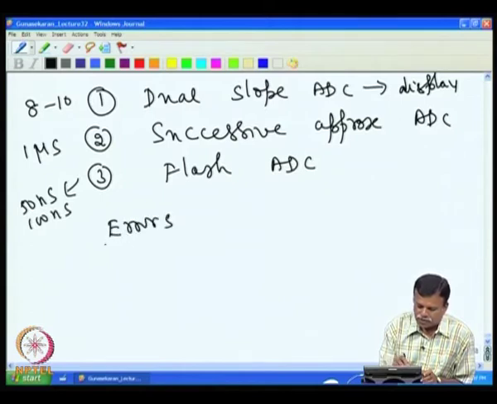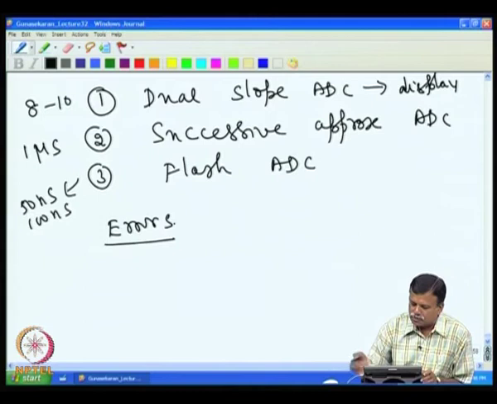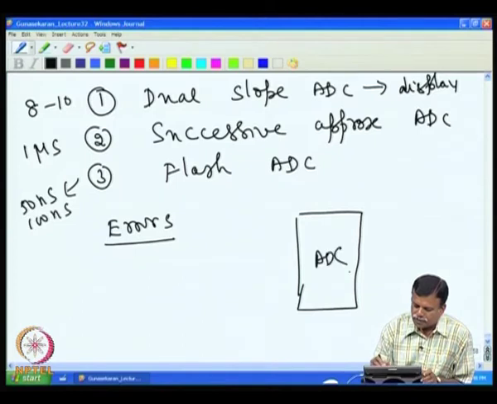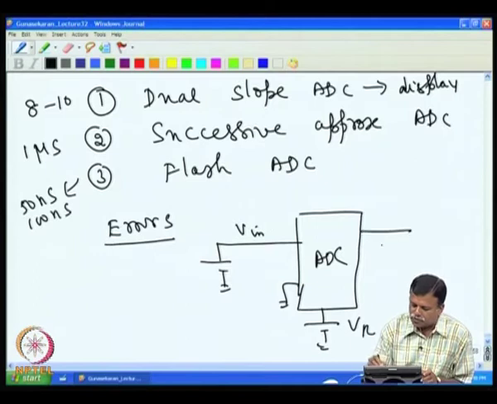If I have an A to D converter, we have a reference voltage and an input voltage, and then the digital output comes out here.